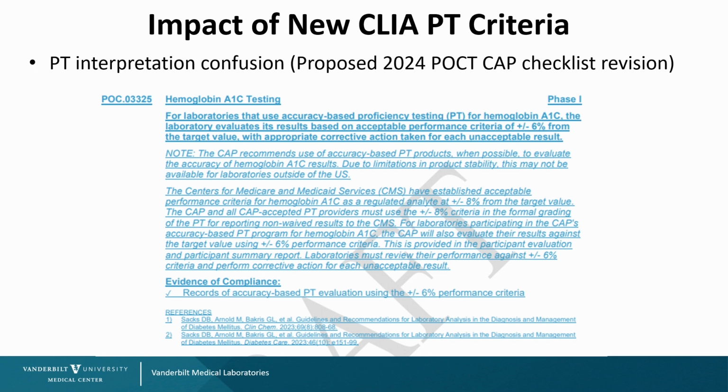But the NGSP, National Glycohemoglobin Standardization Program, is an accuracy target-based program, and they use 6%. So again, you're seeing changes in specifications, and that's going to risk failure if you don't estimate the impact on your laboratory.